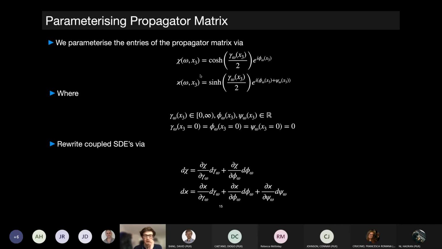So I'll just jump in then to how we solve this thing. Because we have that nice conjugate symmetry, there's a parameterization you can use with hyperbolic functions, like so. And we just want to look at basically the real part, the kind of amplitude of the wave. So we can simplify the problem, use the chain rule and the Stratonovich regime to convert into these gamma, phi, and psi variables.